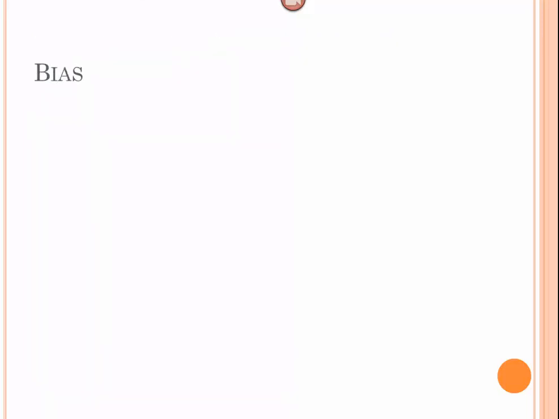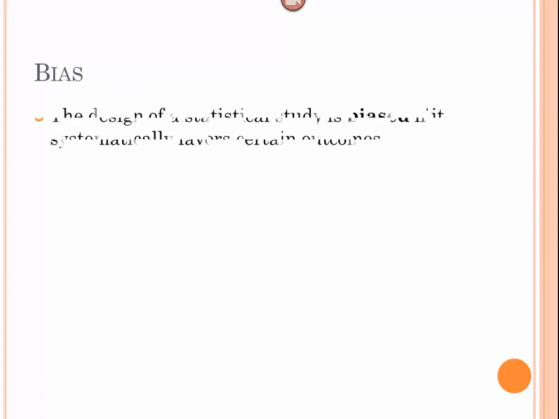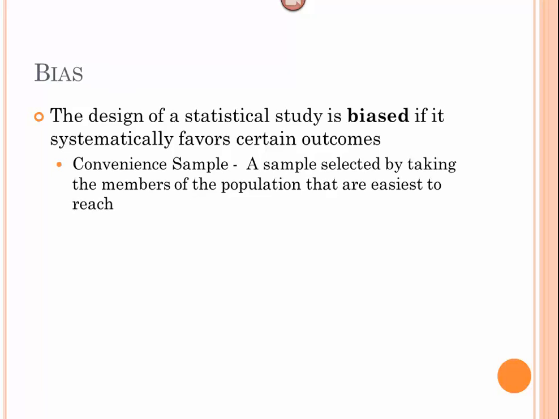In collecting our sample, a big thing that we want to avoid is bias. If a study is biased, then that means it's systematically favoring certain outcomes. Convenient samples lead us to that by making it a little too convenient to reach people, so we aren't necessarily going to get a good sample.